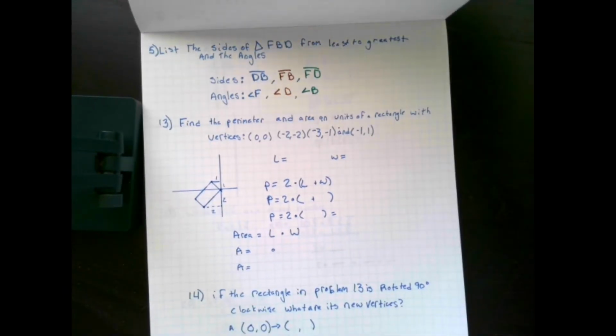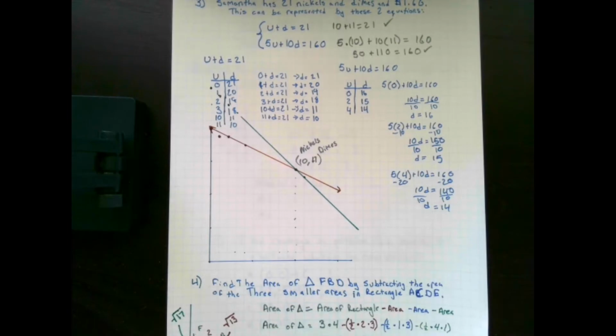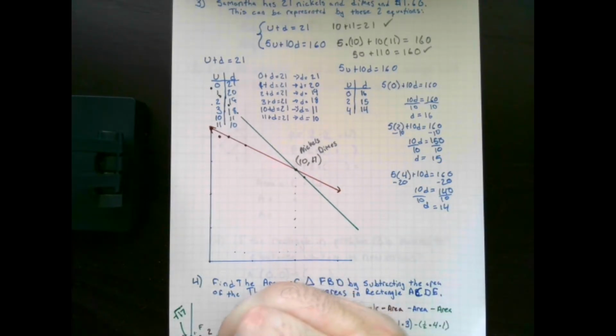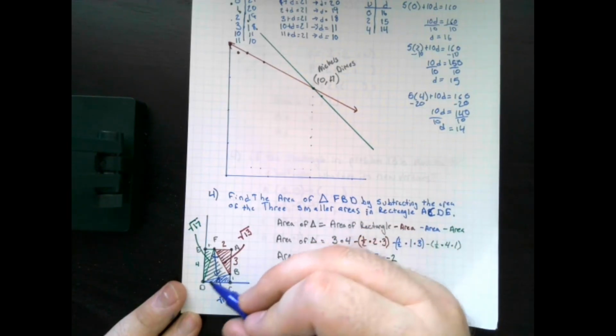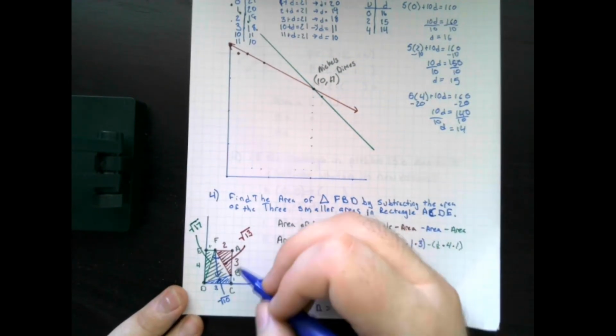And we can see that here. I'll show you in the graph, where angle F is the one which makes line DB.